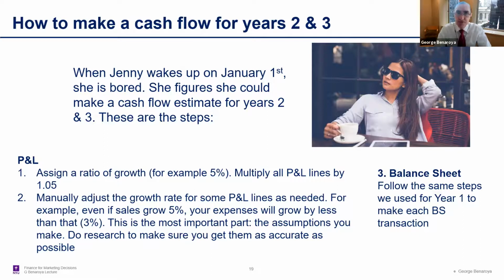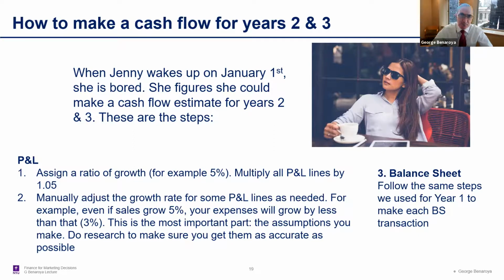What she could do, the easiest way to go about it, will be to assign a ratio of growth, for example, 5%, and first to multiply all P&L lines by that ratio, by 105. Then she will manually adjust some of those lines for a lower ratio. For example, her expenses are unlikely to increase all at 5%. So she could put a ratio of 3% for those.